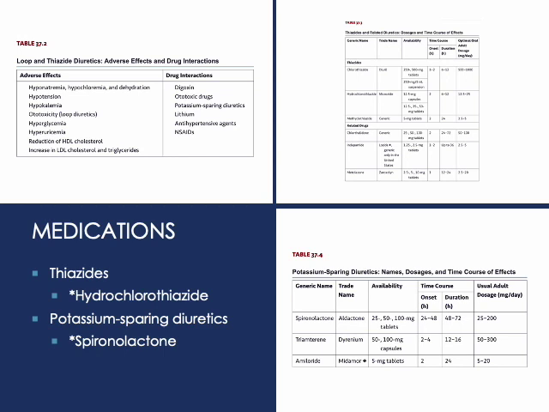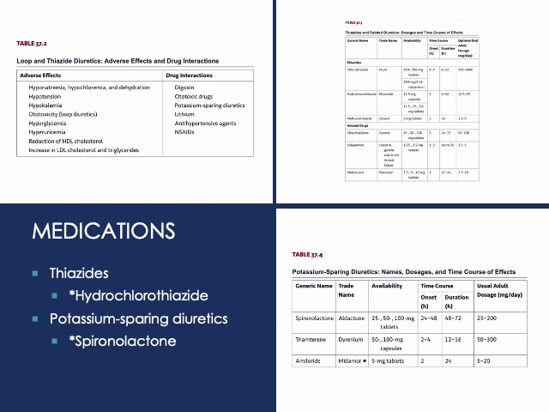Because there is a good risk for hyperkalemia, or I should say a bad risk, right? We have to be very cautious when we're using spironolactone with potassium supplements, salt supplements, because they also contain potassium chloride, or if we're using another potassium-sparing diuretic.